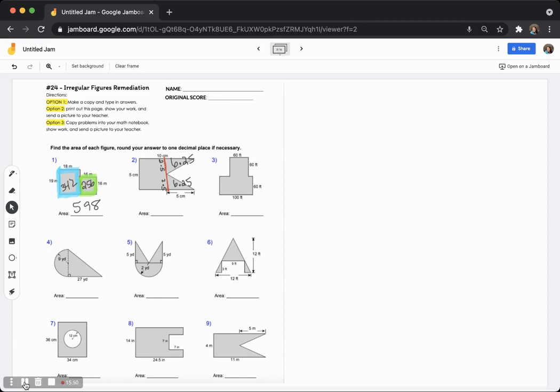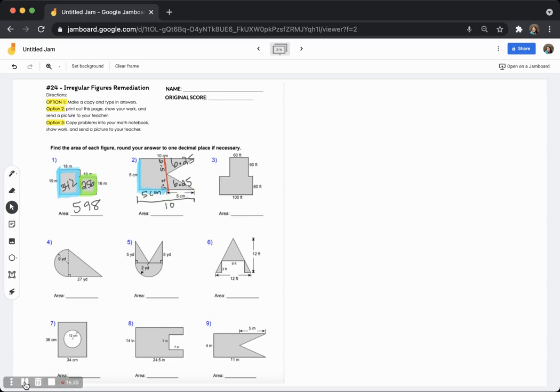And then I'm going to calculate the area of the rectangle. So that is 5, and then I need to figure out what the base is. So it tells me that the entire length of the shape is 10, and I know that I have 5 here, which means that this would also need to be 5 centimeters so that the whole thing once again adds up to 10.